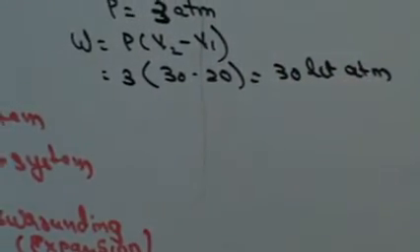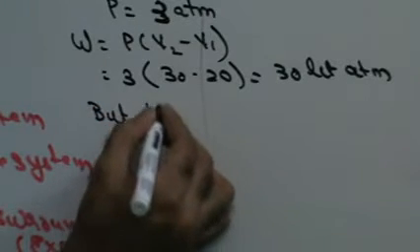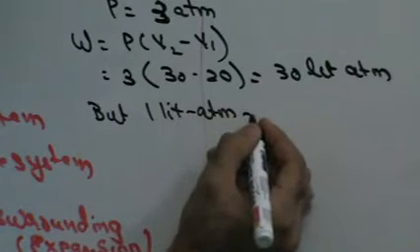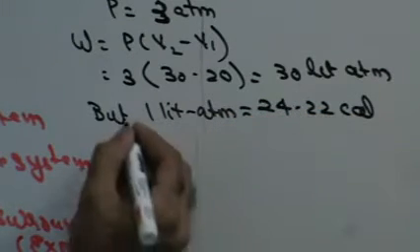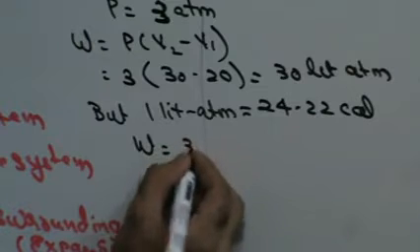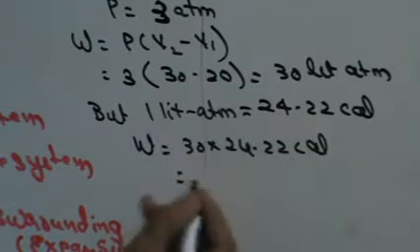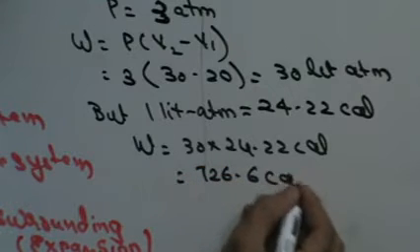Now start with your conversion. 1 liter atmosphere is nothing but 24.22 calories. Therefore work is 30 into 24.22 calories, which works out to 726.6 calories.